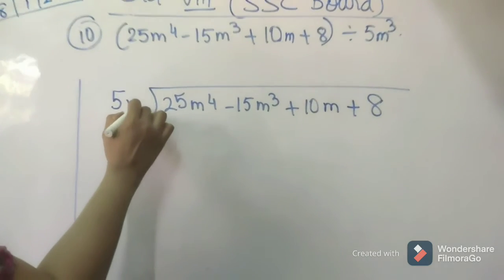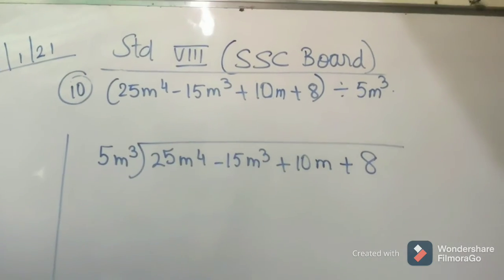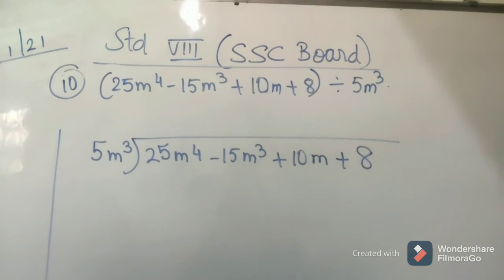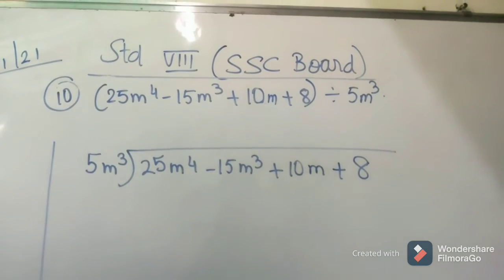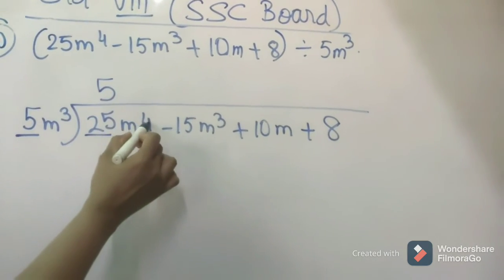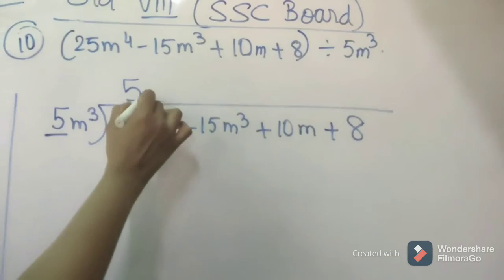So coming to the last sum of the exercise, that is 25m raised to 4 minus 15m cube plus 10m plus 8 divided by 5m cube. So I know in 5's table 25 goes 5 times and 4 minus 3 is 1.